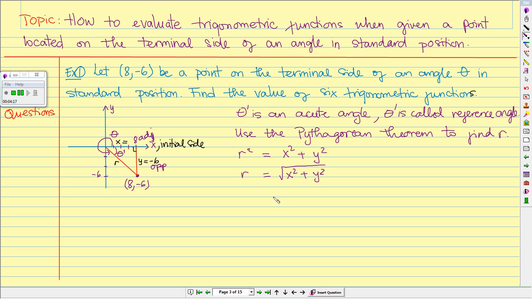When you substitute, it will be the square root of 8 squared plus, since y is negative, I'm going to put negative 6 inside the parentheses, squared. Simplify, and you end up with the square root of 100, or 10. In this case, we just take the square root of a positive number, not a negative number, because we're talking about the length. So now we have the opposite is -6, the adjacent is 8, and the hypotenuse is 10. Now we have all three of them.